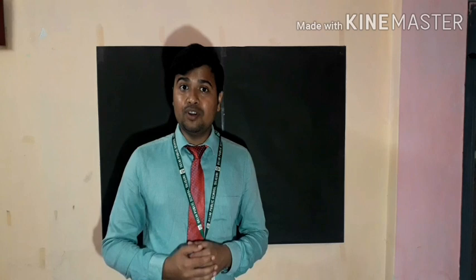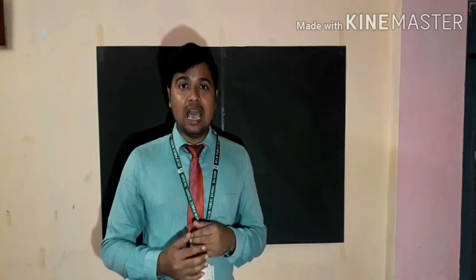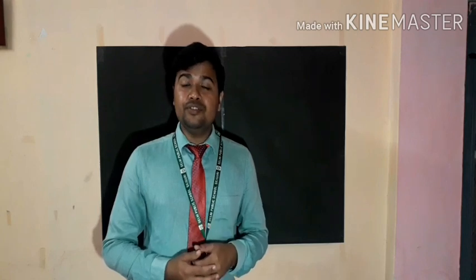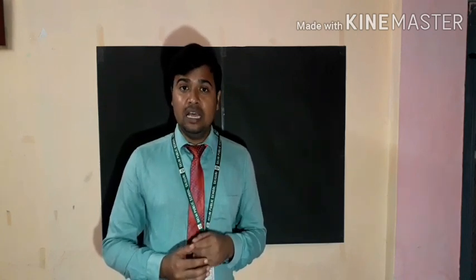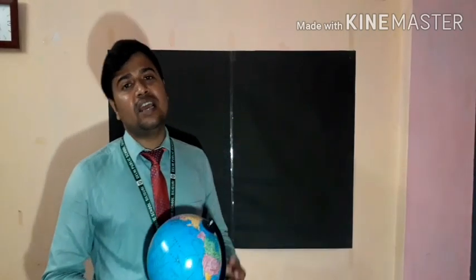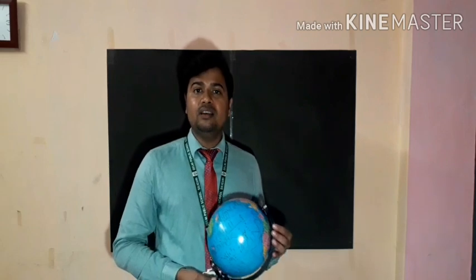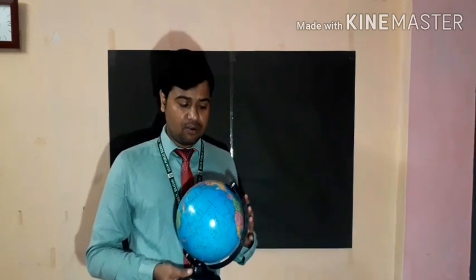The concept of latitudes and longitudes was introduced by a Greek philosopher named Eratosthenes. So, in this chapter, we will discuss the latitudes and longitudes and how they are important for us.